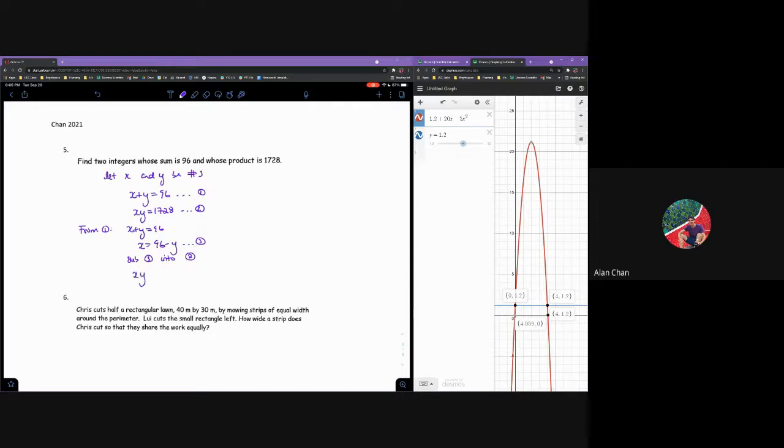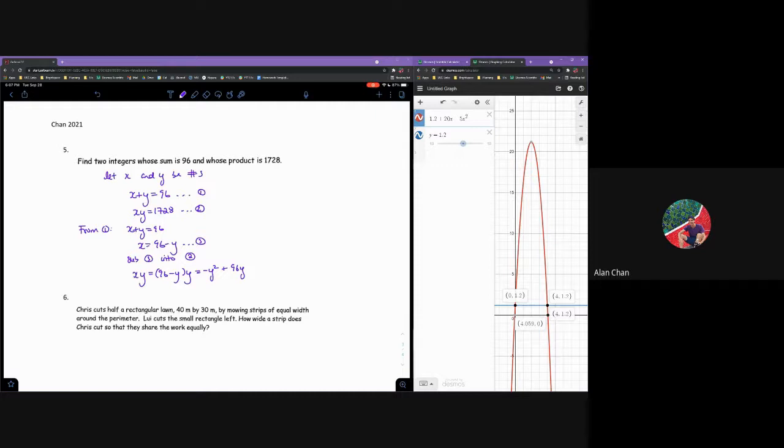So the product is xy, and now it's equal to 96 minus y times y. And again, we have our equation where we have minus y squared plus 96y. At this point, you're like, what do I need to do to solve? Well, we're trying to find out what x and y are.